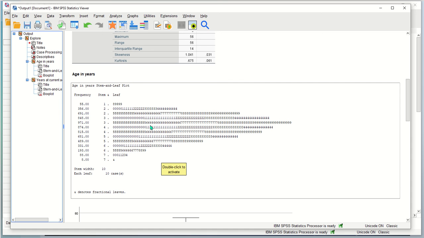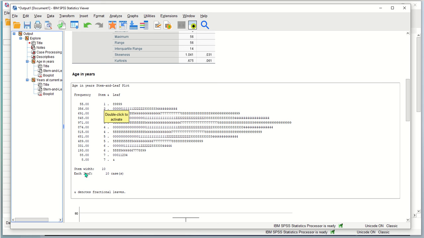And then we get into the stem and leaf plot here. The way we read this is you would say that for this sample, there is one 18-year-old and 4 19-year-olds. And then there's 5 20-year-olds, and so on.